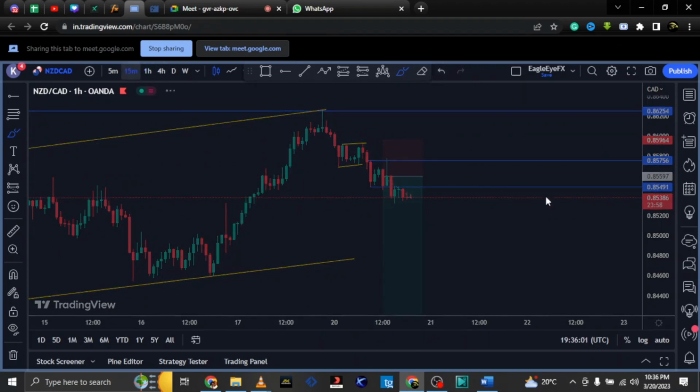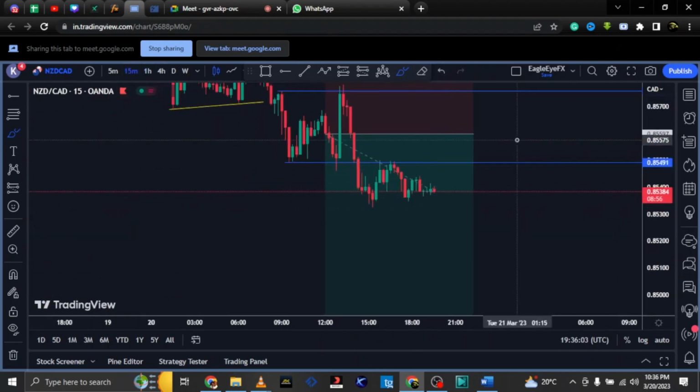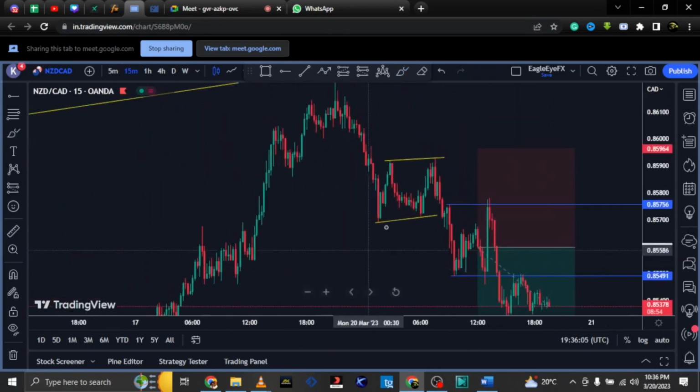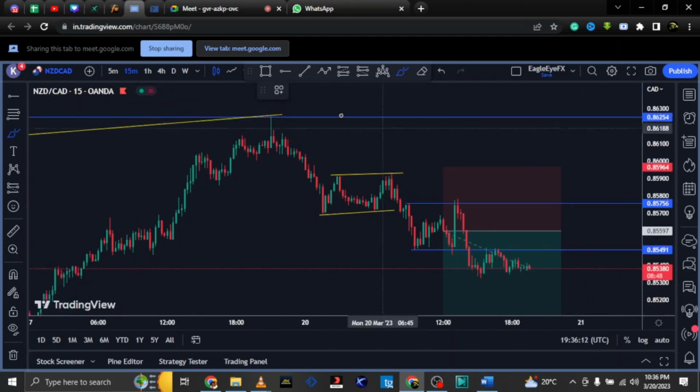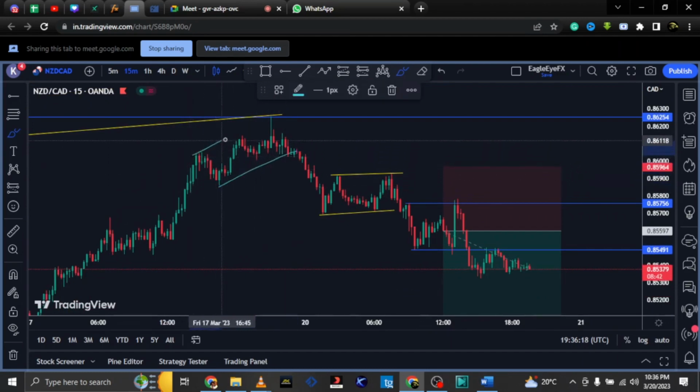You see it clearly when you go to the 15 minutes time frame. You can see it's a very clean, fast flag. And furthermore, if I draw this, you can see the multi-touch confirmation. You can see 1, 2, and 3.